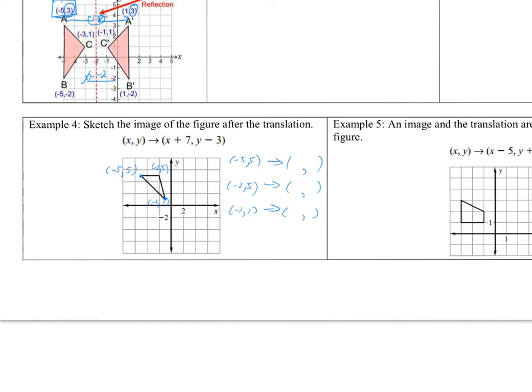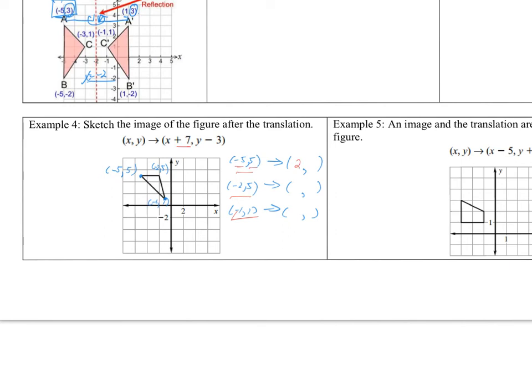Example 4. Sketch the image of the figure after the translation. I've already labeled all the points of the figure. If you want to be really careful about this, I would do it this way. Otherwise, you can just eyeball it, which I don't recommend. I can take -5 here and add 7, which makes 2.